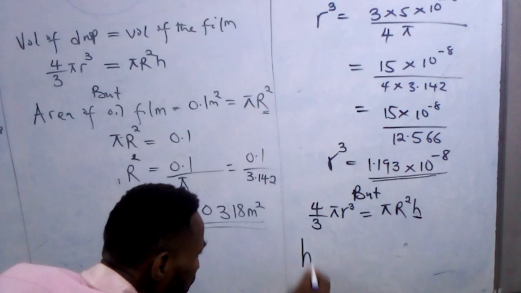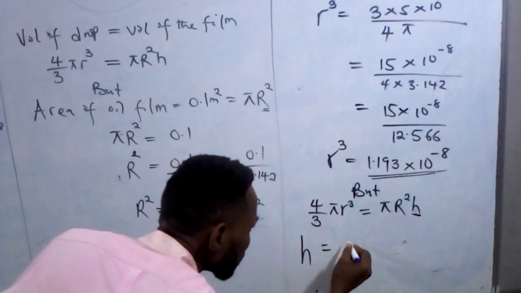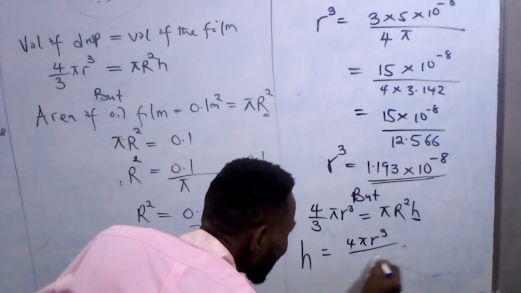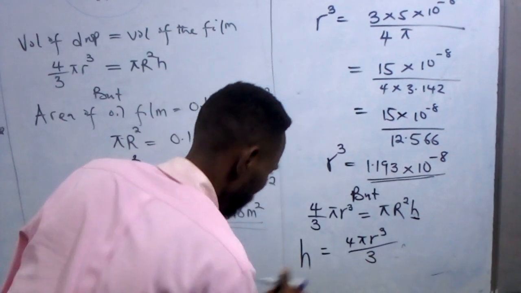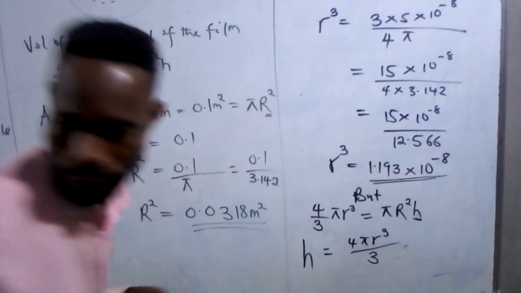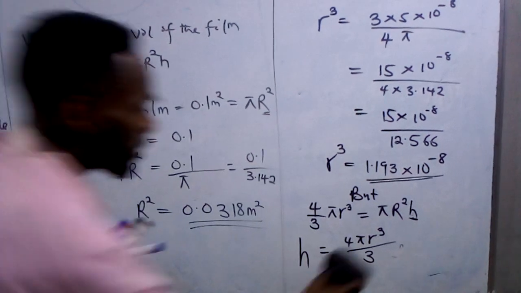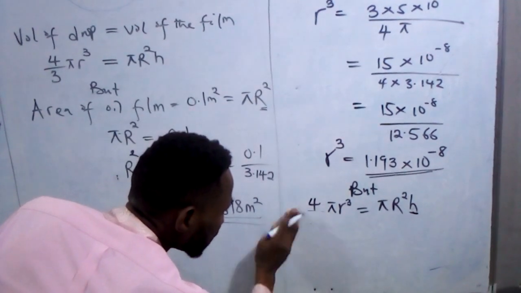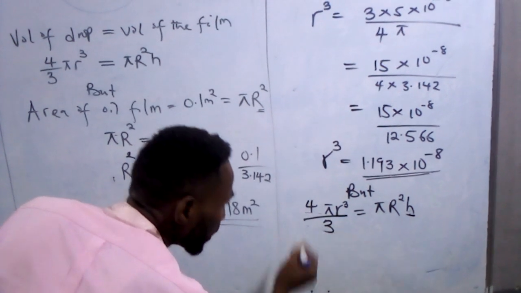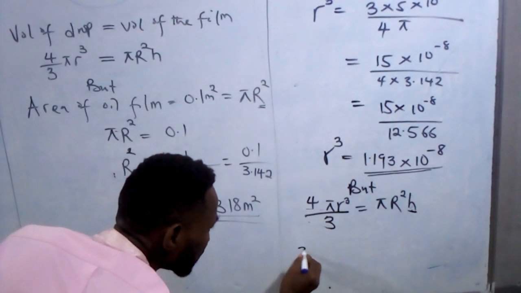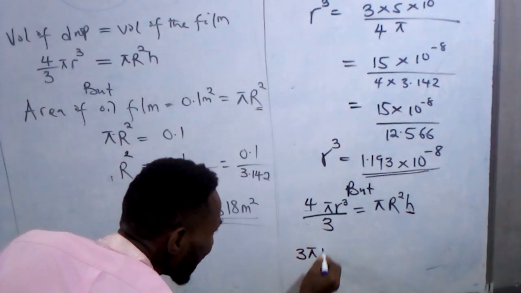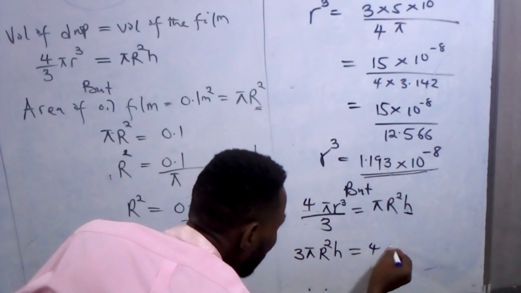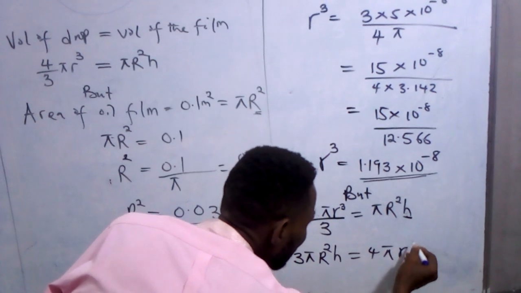So the thickness of the oil film will be equal to 4 pi r cubed divided by 3. Remember, this expression is divided by 3. So if we cross multiply, we'll have 3 pi r squared h equal to 4 pi r cubed.